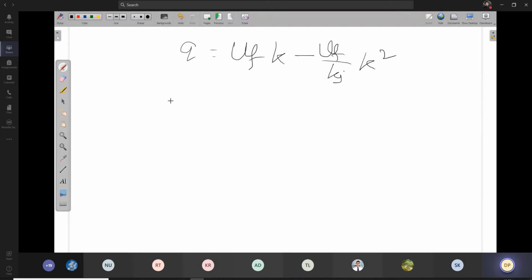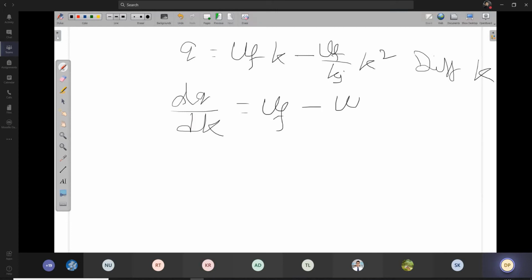This is the relationship. From here also directly what I can find, if I differentiate this equation with respect to k, what I can write? dq by dk is equal to uf minus uf by kj into 2k.